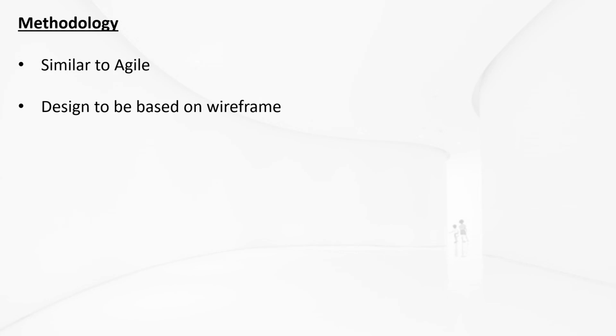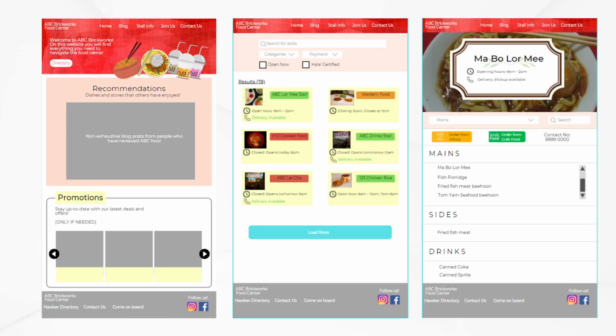My design would be based on the wireframe that has been created in Canva. This design is for release 1 and is the minimum viable product. As we can see on the screen, the first screen is the home page.